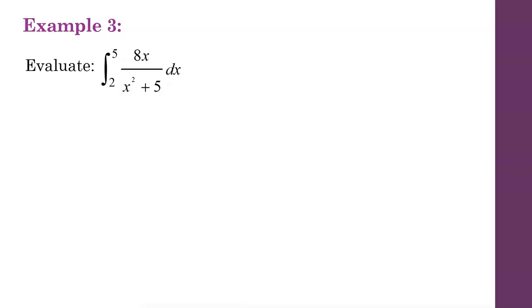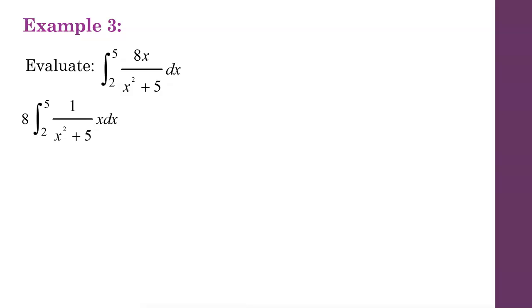First thing I'm going to do is take the 8 out of my integral like we did in the previous examples, so we can have a clean slate in there. The coefficients are not bothering me anymore. So I get 1 over x squared plus 5, and I've taken the x and moved it next to the dx, so we can use that when we find our du.